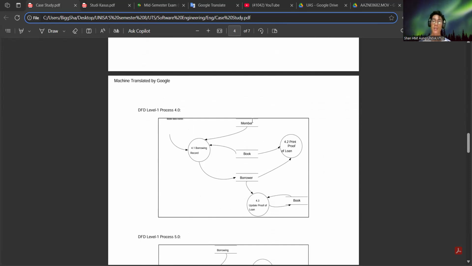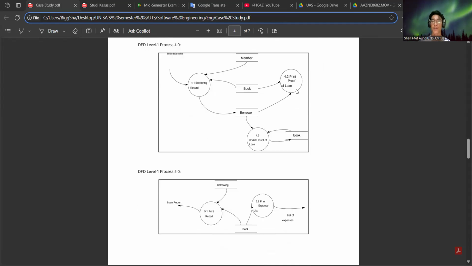And here, first of all, we need to find the book and check it. I did the approval for the loan, and if there is available info, you can lend the book to the borrower and print the loan approval for them for the next process.